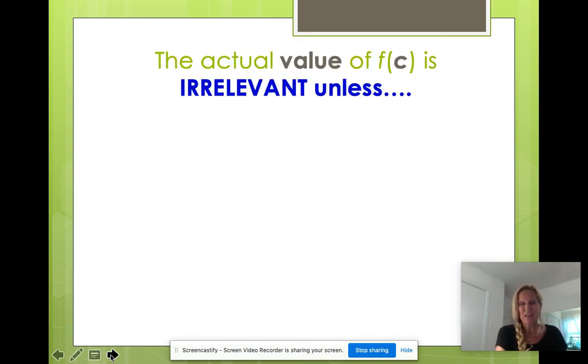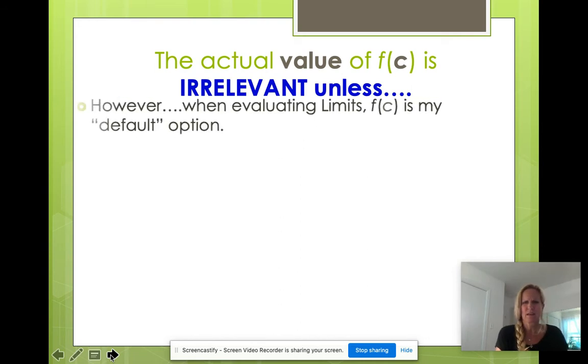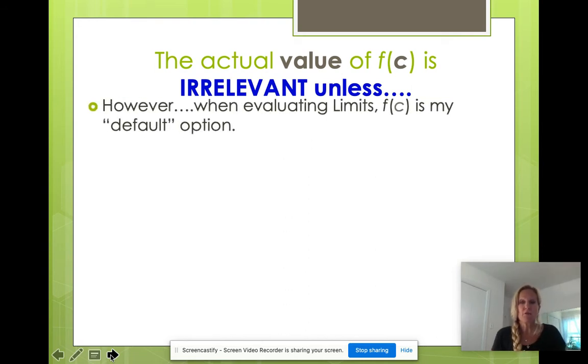So the actual value of the function at that number is irrelevant unless... We're going to fill in that unless in a minute. So whenever you are actually asked to evaluate a limit, the range value is your default answer.